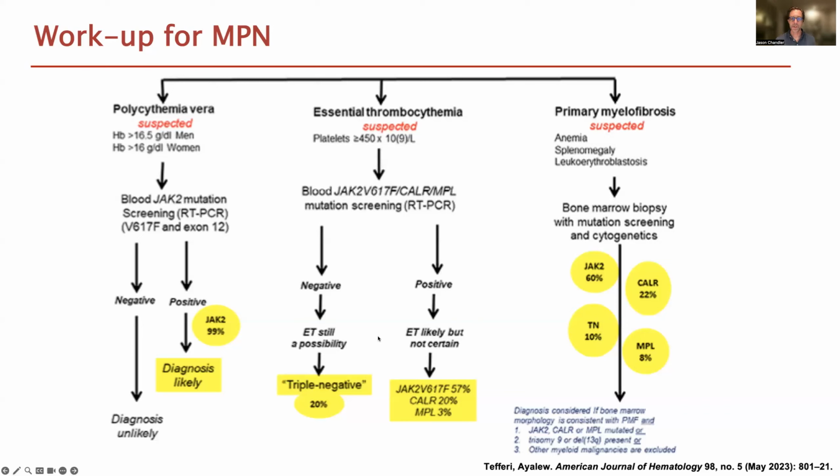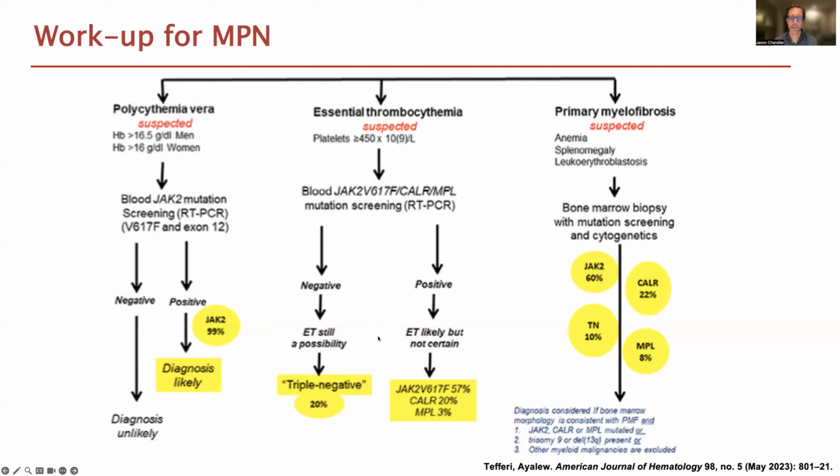Sometimes they talk about itching in the shower. They usually have a ruddy complexion. So headaches, dizziness, and sometimes they have some early satiety, or they feel full really quickly, and maybe you're losing weight. So do the peripheral blood test for JAK2, and you can usually tell right away.